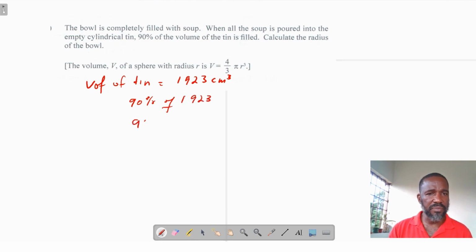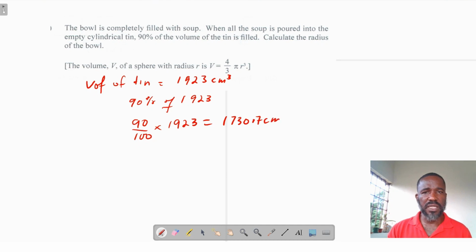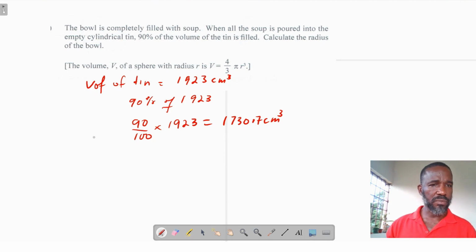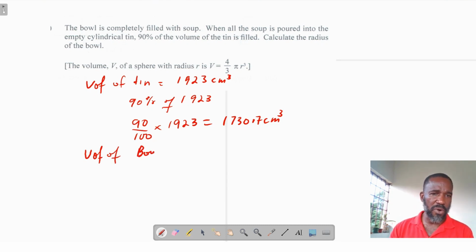So it's 90 over 100 times 1923, and our answer for that is going to be 1730.7 cubic centimeters. So that is the volume of the bowl, which is equal to 1730.7 cubic centimeters. That's what we know.